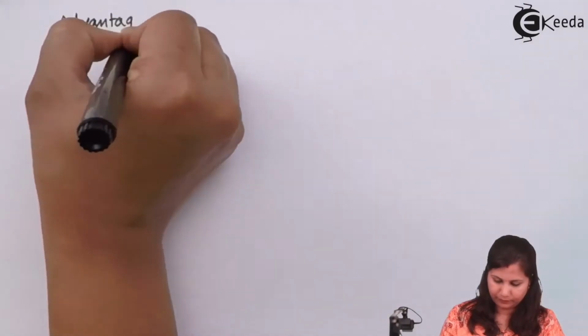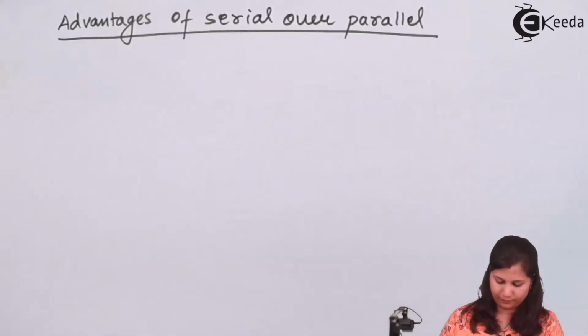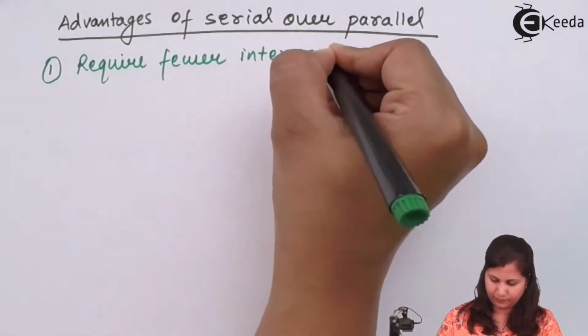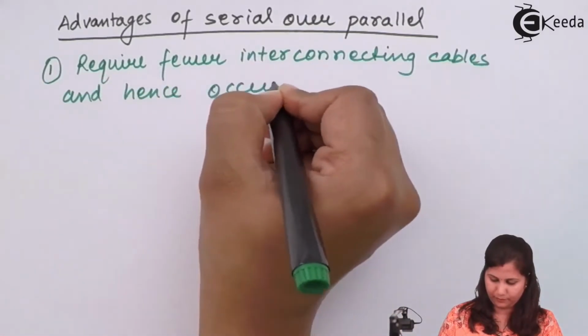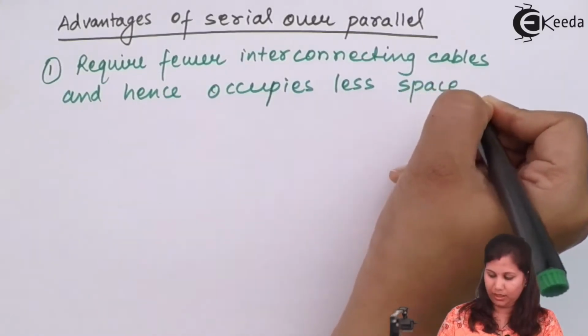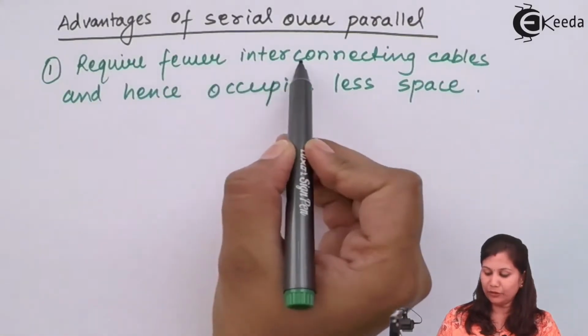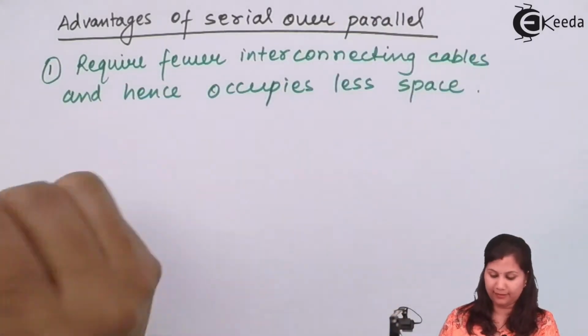So let's see what the advantages are, why serial transmission is preferred over parallel transmission. In serial transmission, because only a single line is used, it requires fewer interconnecting cables and hence occupies less space in comparison to parallel.